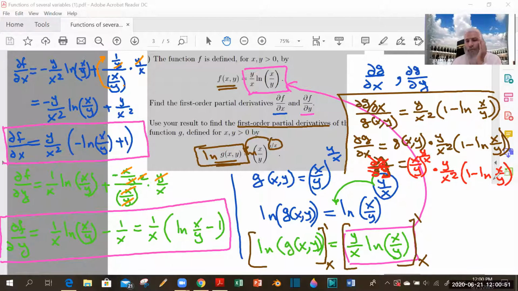So this is the answer. Ustaz, what is this in red color? Is it dy over dy? No, dg over dx.